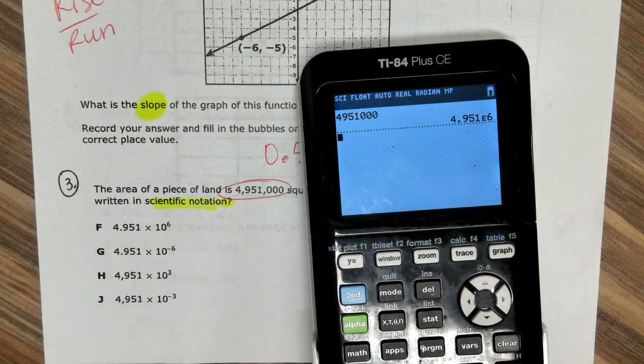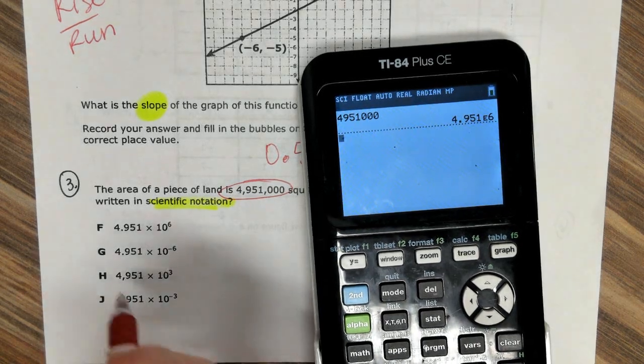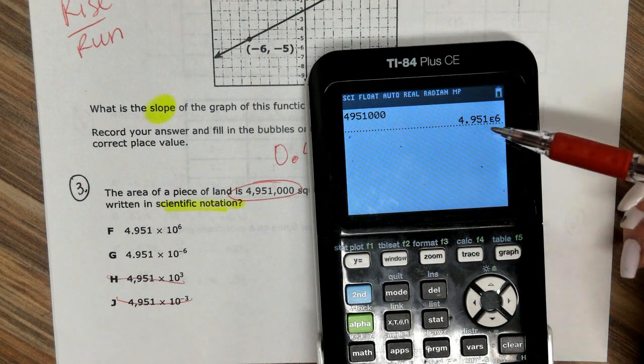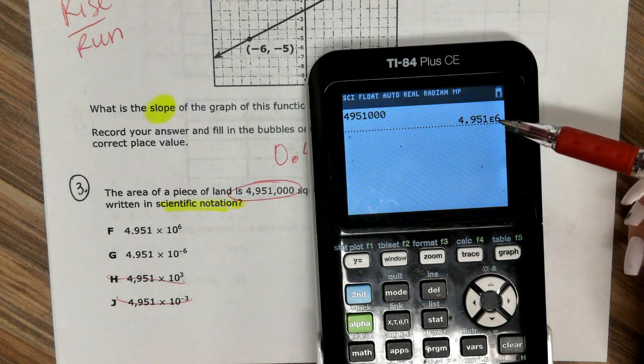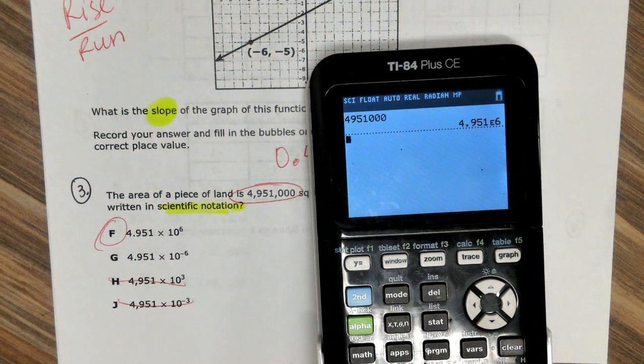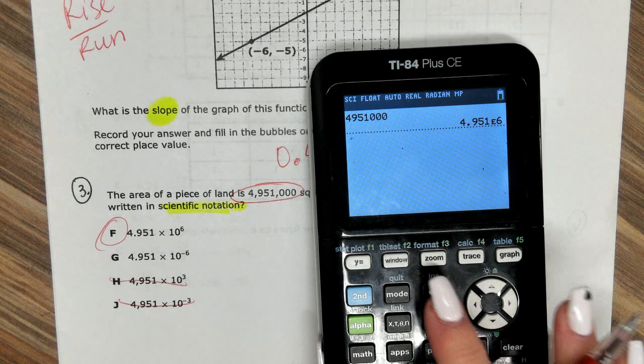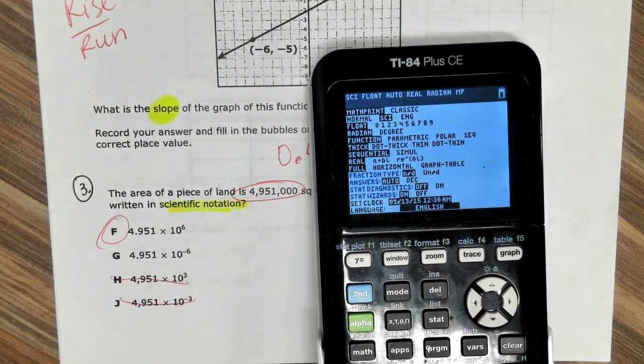Hit enter and that's your answer. 4.951, so I can mark off H and J, times 10 with an exponent of +6. You'll see how easy these questions are so far. All right, get back out of your mode and go back to normal.